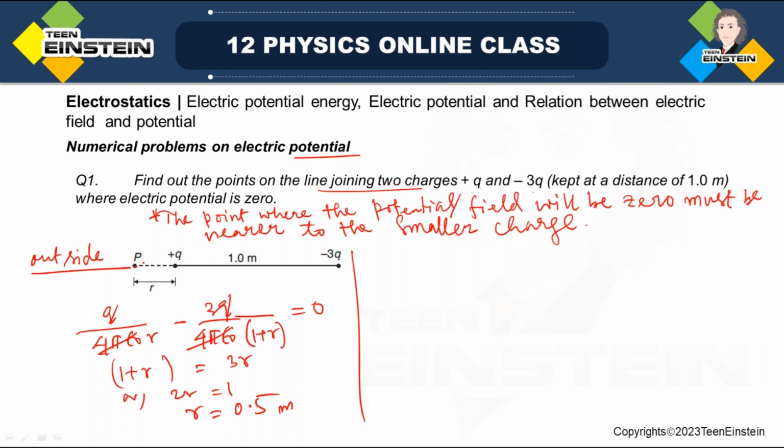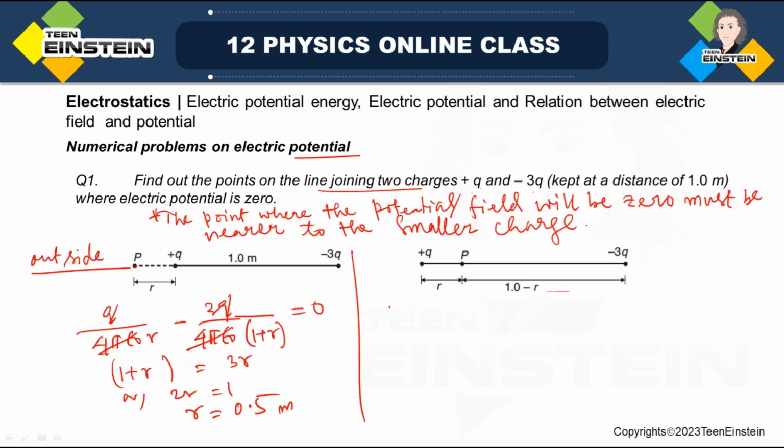So if this is the outside point, then from q it will be 0.5 meter to the left. Now if I take any point inside, let us say this is the point where the potential is 0, and that is also near the smaller charge. Then this distance is automatically 1 minus r.